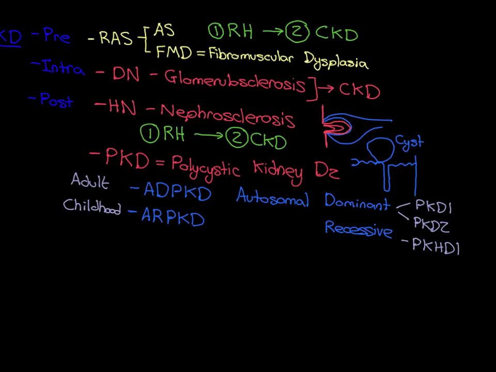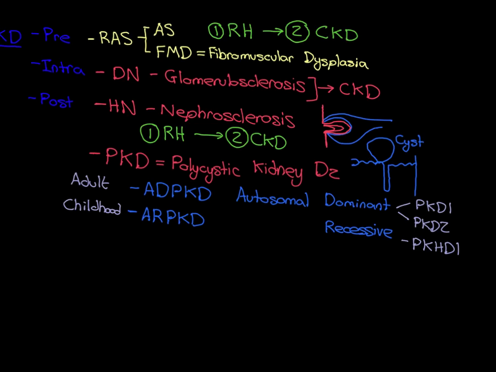So let's summarise what I've said so far about polycystic kidney disease and put it all together into what's actually going to happen to these individuals. So two different forms of polycystic kidney disease: adult or autosomal dominant polycystic kidney disease and childhood autosomal recessive polycystic kidney disease. They differ in severity. This one is more severe than this one.